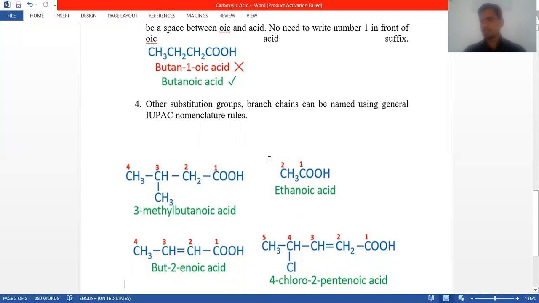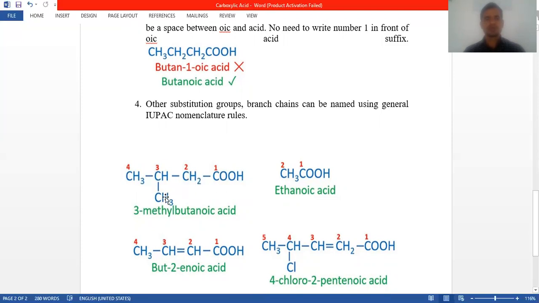So it is the first example. This carbonyl group is attached with first, second, third, fourth, so it is a 4 carbon atom chain. This carbonyl carbon atom gets number 1.